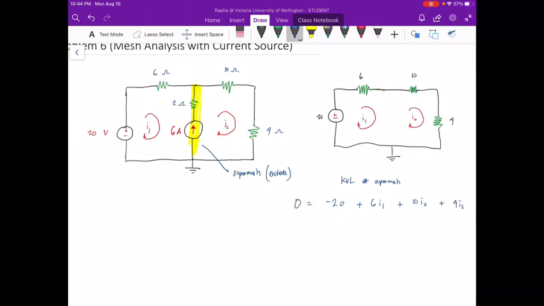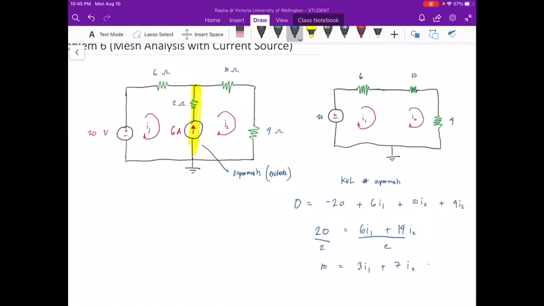So we can simplify it. 20 is equal to 6I1 plus 14I2. We can simplify this further by dividing both sides of the equation by 2. We have 10 is equal to 3I1 plus 7I2.